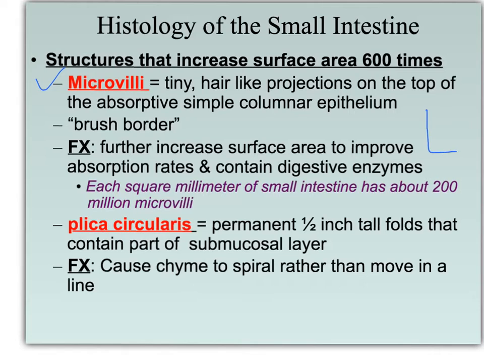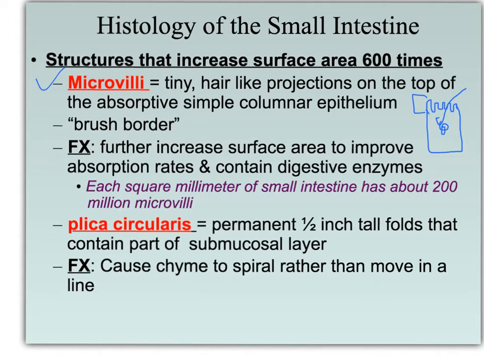So a columnar cell looks just like this, and basically it too has that kind of wavy pattern on the top of it. This is called the brush border or the microvilli. So it allows the chyme to be exposed to digestive enzymes, and it allows the food that's been digested to pass into the cell from the lumen.